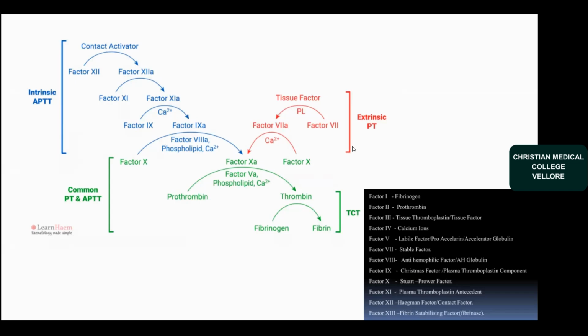In the extrinsic pathway, there will be endothelial injury and release of tissue factor, which will activate 7 to 7A, which will directly activate 10 to 10A. At last, 10A will activate thrombin. Thrombin will activate fibrinogen to fibrin.